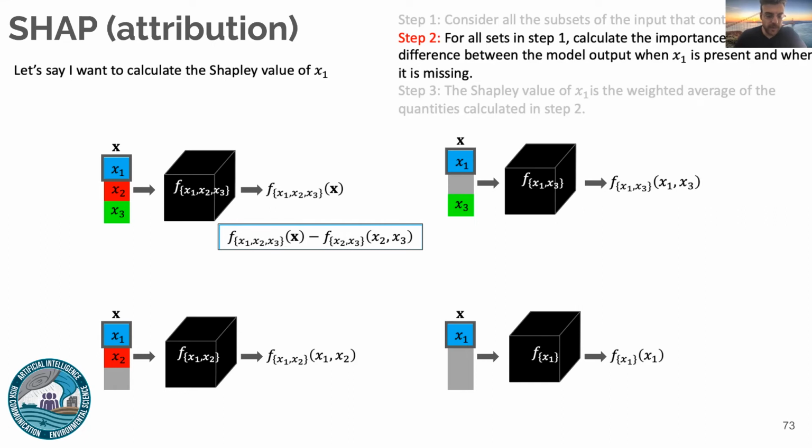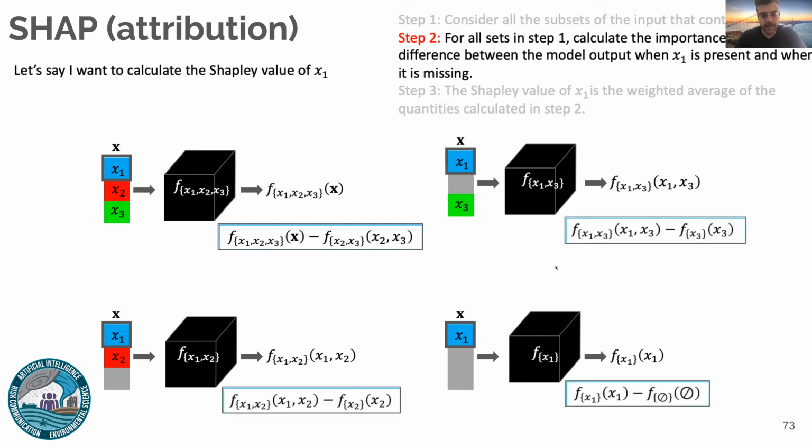So in this first example, we consider the full model, all 3 inputs, minus the prediction of the model when we have X2 and X3 alone. We do the same for all the other combinations in the next slide. So we have established 4 differences, and each of these differences represents the marginal contribution of X1 to the prediction considering different combinations of inputs.